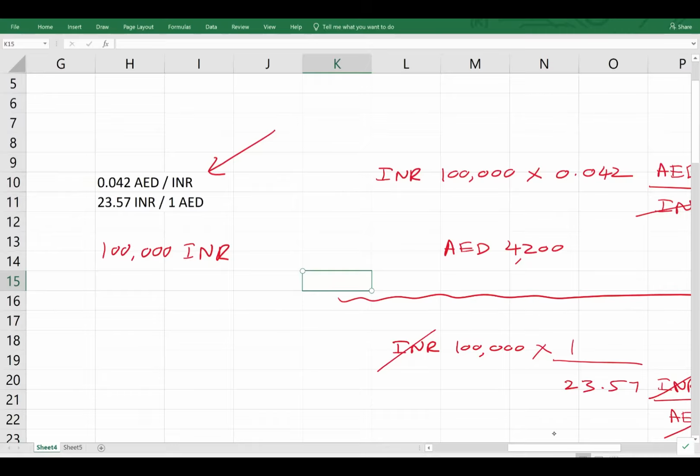If the first currency is different than the currency that you want to translate, it's a multiplication case, always. Or if the first currency of the exchange rate is the same as the currency you want to translate, we have a division case. You see here, what is the first currency? INR. What currency do we have? INR. If the first currency is the same as the currency you have, it is a division case. That is the easiest way to understand that.